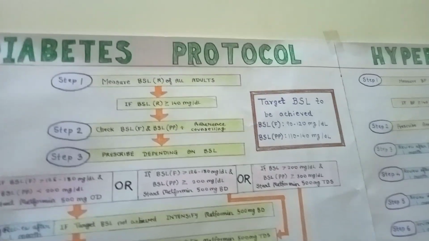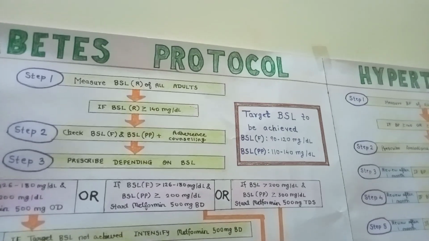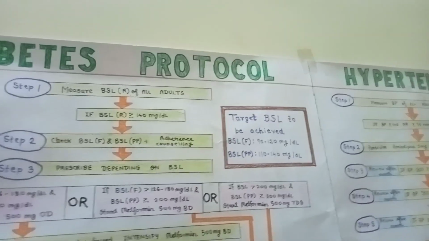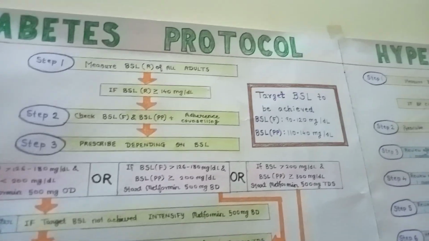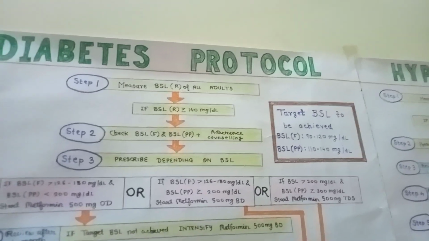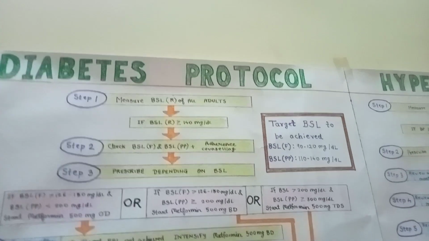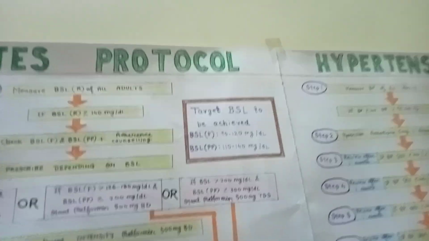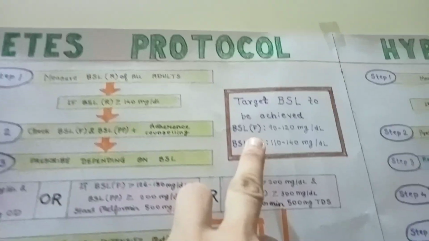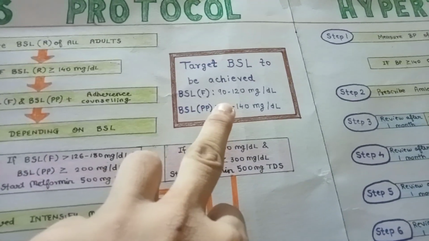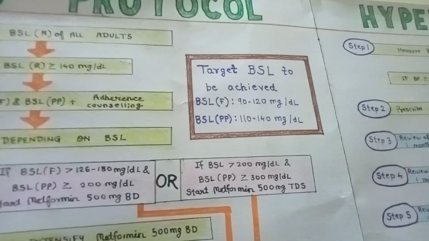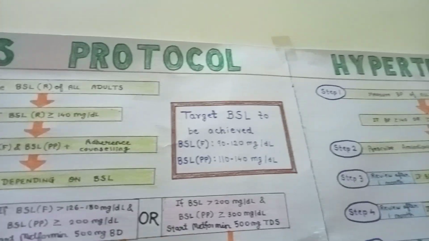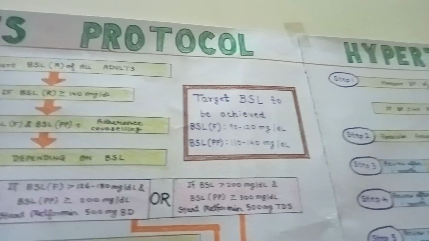Step 1 is we have to measure the random blood sugar level of all adults. The normal range for random blood sugar is 70 to 120 or 110 mg per deciliter, the fasting blood sugar level is 90 to 120 mg per deciliter, and the postprandial sugar level is 110 to 140 mg per deciliter.